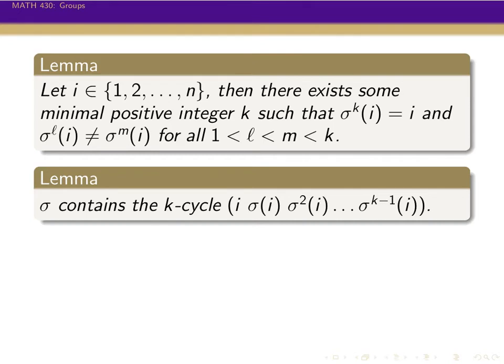What this really means is that sigma contains the k-cycle that sends i to sigma i to sigma squared i, up to sigma to the k minus 1 of i. And this really just follows immediately from the previous lemma.